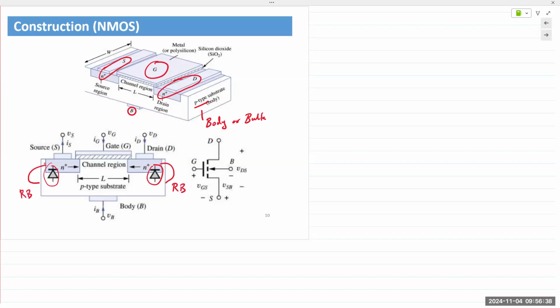If the drain and source are not reverse biased, then there would be a small amount of current flowing through those junctions, and the device will not work properly. So they must be reverse biased to only allow a small leakage current to flow across the junction. So that's the first thing.